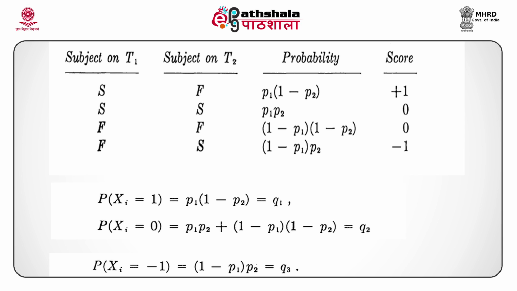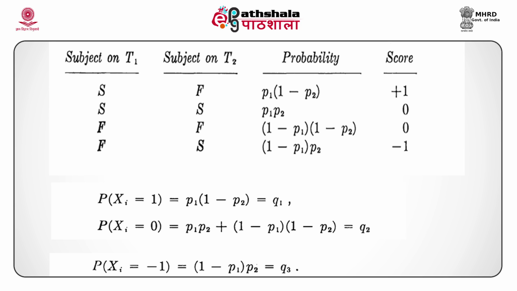Each pair is scored and the data looks as is given on this slide. The probability and the score for each outcome are as given here. So in the first case, we have the first subject on T1 observing a success, the second on T2 observing a failure, and we know that the probability of this event is P1 times (1 minus P2).